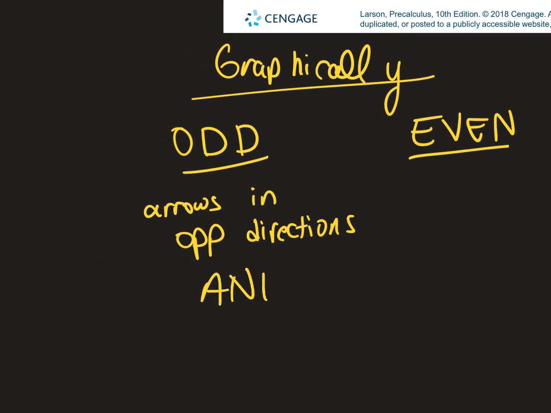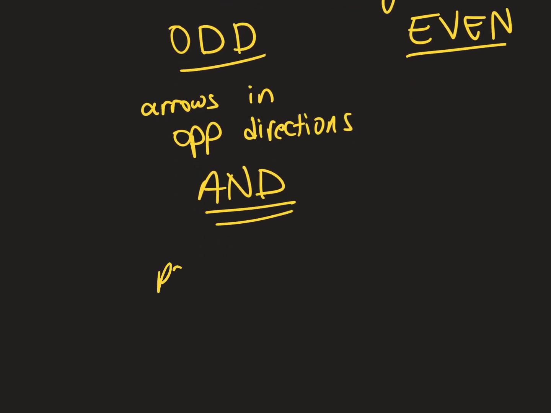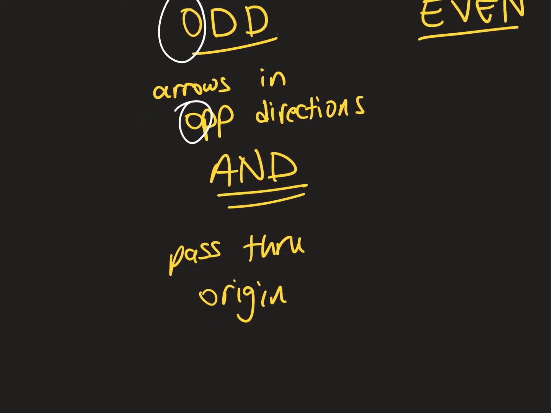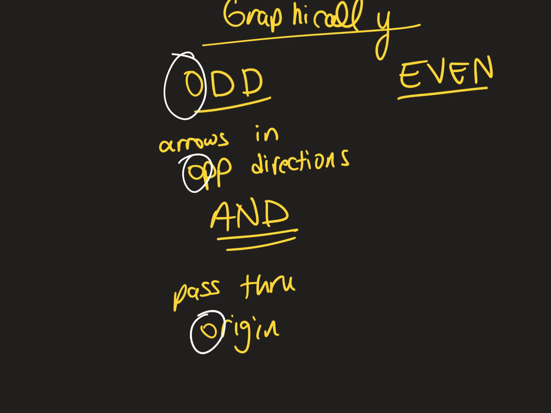And it has to be both things. It has to pass through the origin. What do you guys notice about the words odd, opposite, and origin? All begin with an O, right? Should be pretty easy to remember.